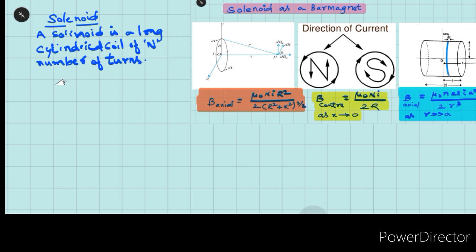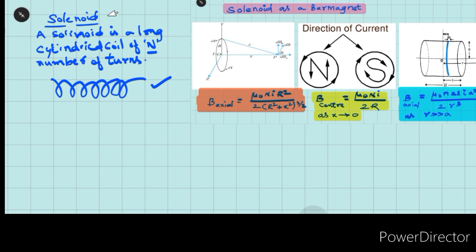It is represented as this one. This is a solenoid in cylindrical shape having n number of turns.